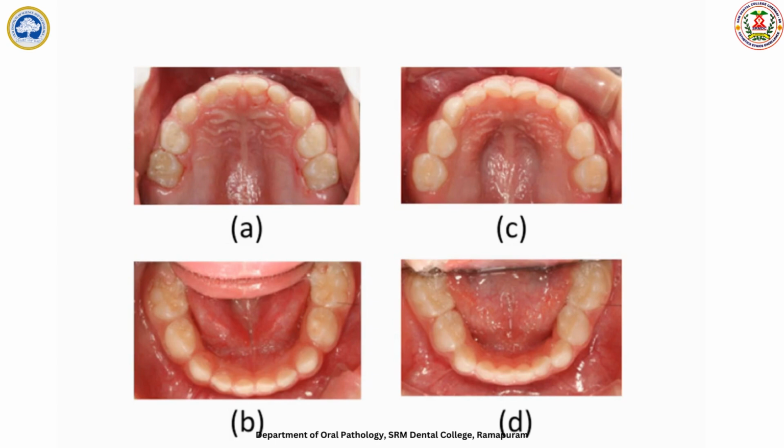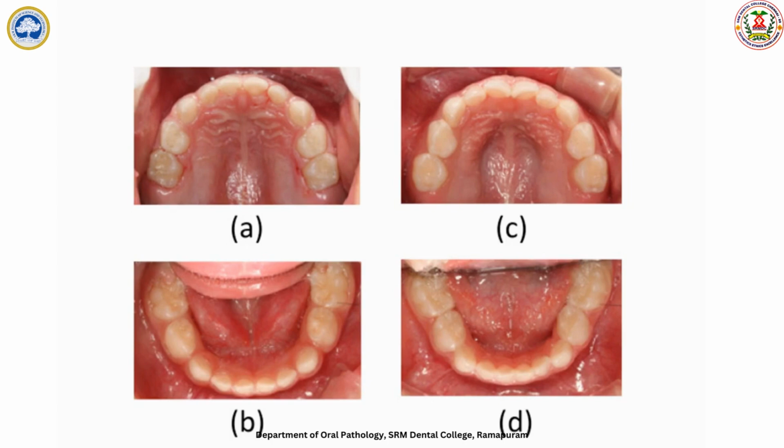So to start with, the size of the teeth. If you look at the size of the teeth between the primary and the permanent dentition, your primary dentition will be overall smaller in size compared to your permanent dentition. The dental formula is going to be 2 incisors, 1 canine and 2 molars in case of your primary, whereas in case of your permanent it is 2 incisors, a canine, 2 premolars and 3 molars.